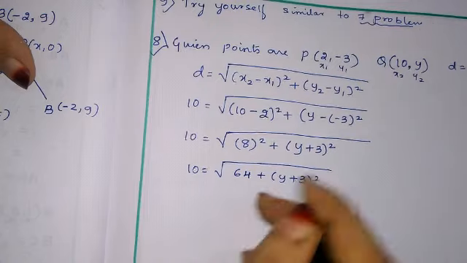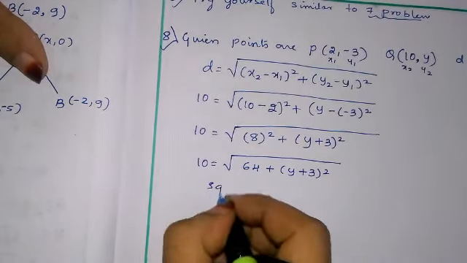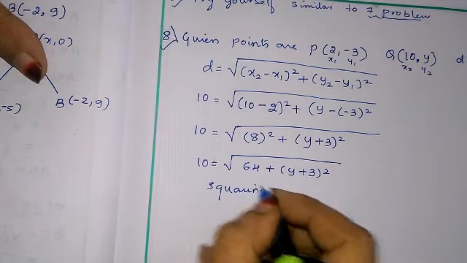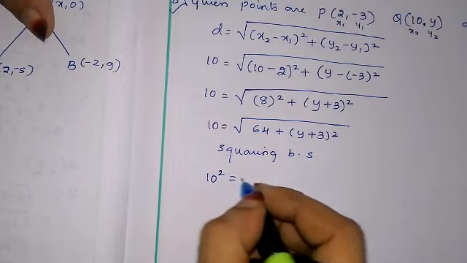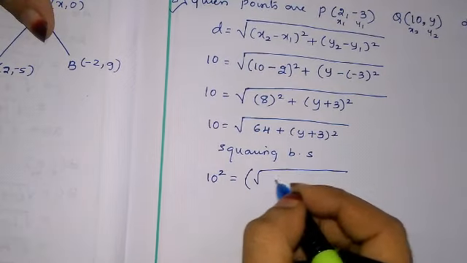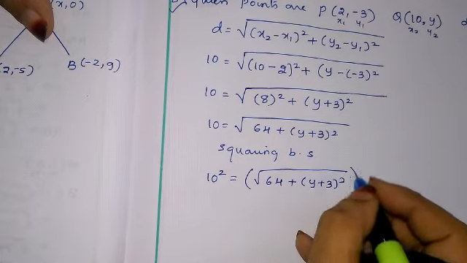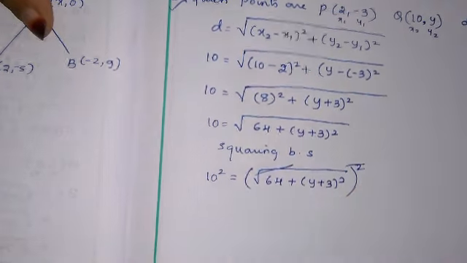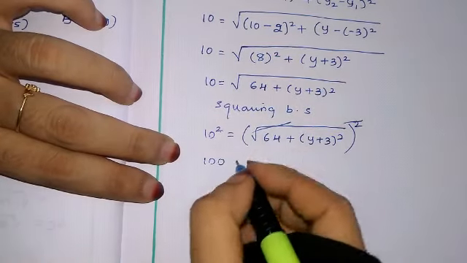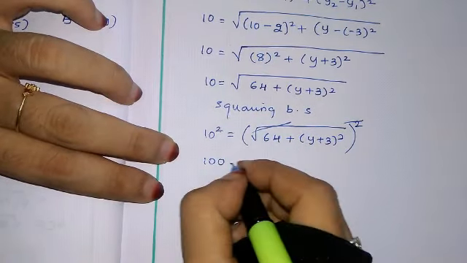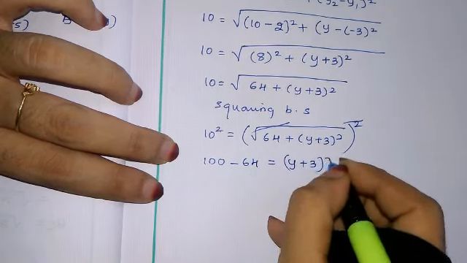See here, we can see one side we have got root and one side we have got number. Squaring both sides. What we get? 10 square is equals to 64 plus (y plus 3) square, and the square root got cancelled. Now 10 square is 100. This 64 I will bring here, 100 minus 64 is equals to (y plus 3) square.